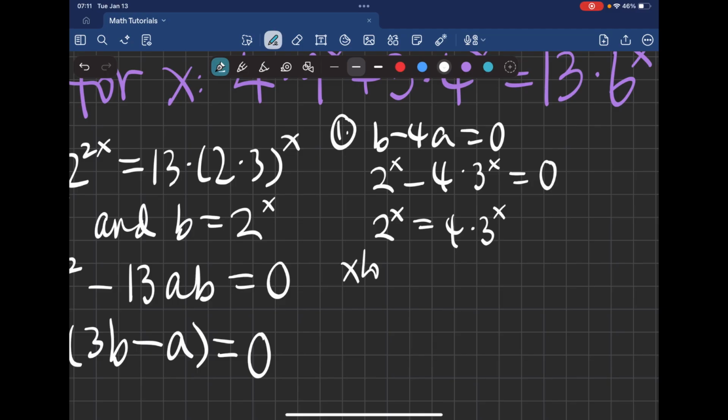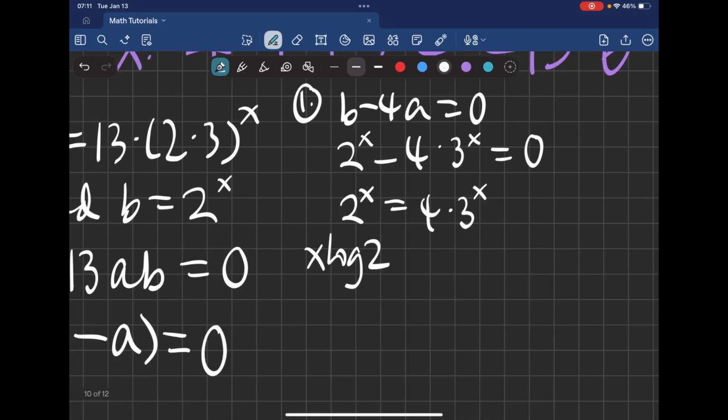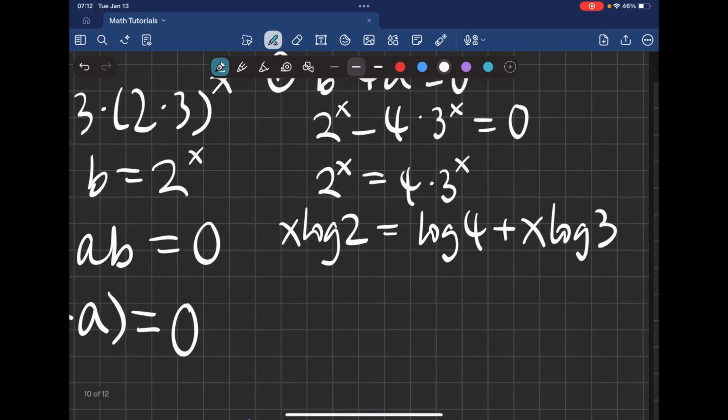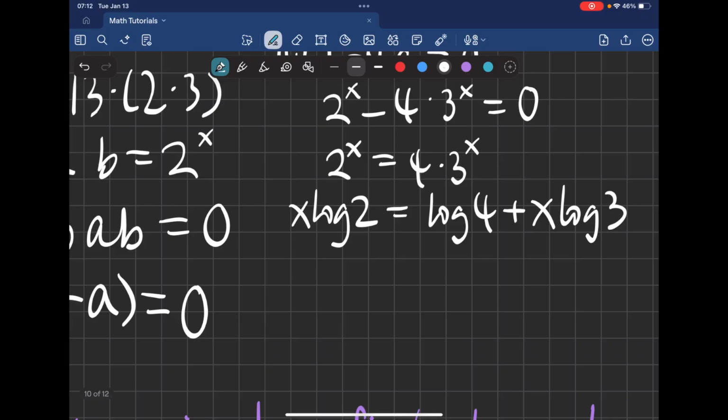So I'll just make it quicker, combining the rules we learned before, equaling log 4 plus x log 3, because I just take log of this entire product, and then I just break them into the sum of two logs.